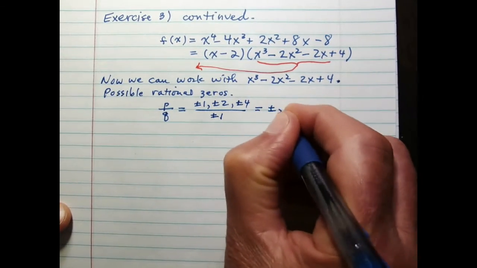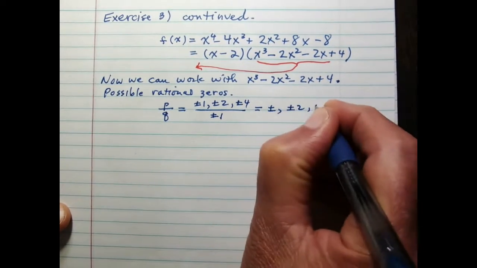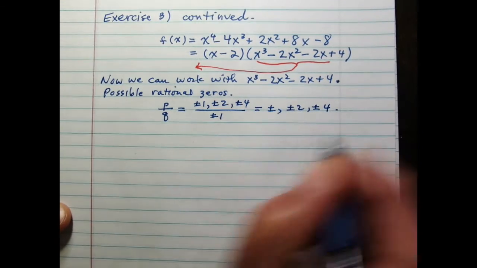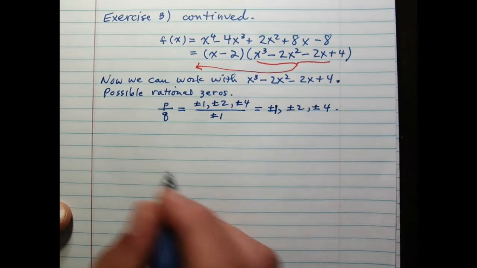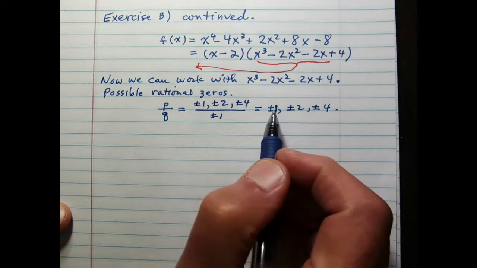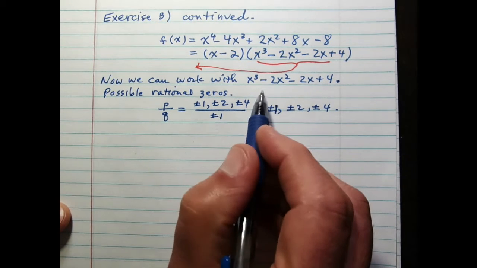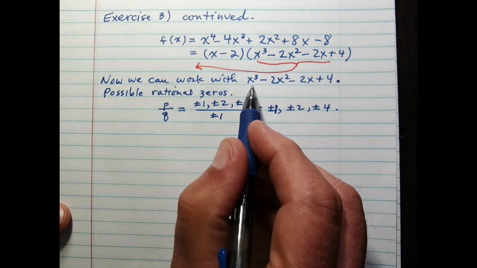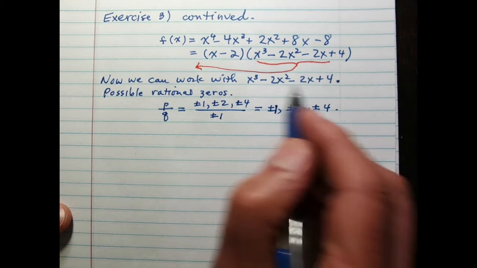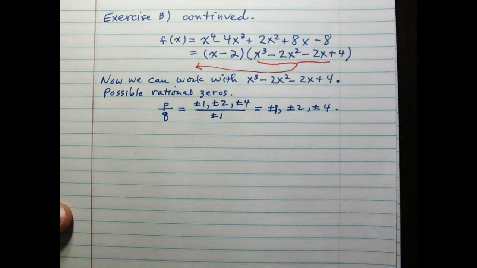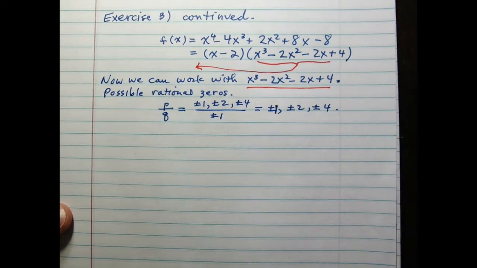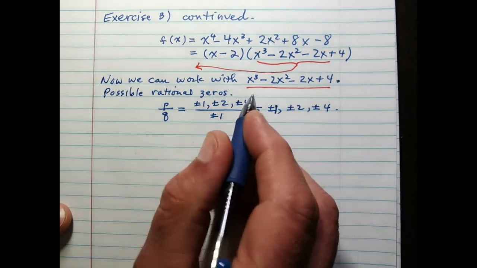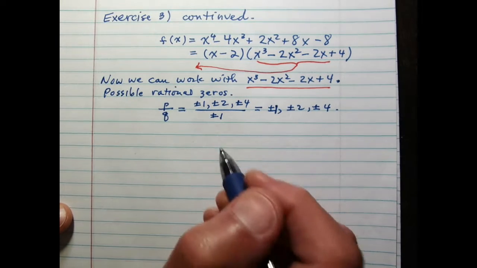So the list is a little bit shorter than it was for our original polynomial. We're back to synthetic division, but we're going to work with x cubed minus 2x squared minus 2x plus 4, and look for zeros of that polynomial.